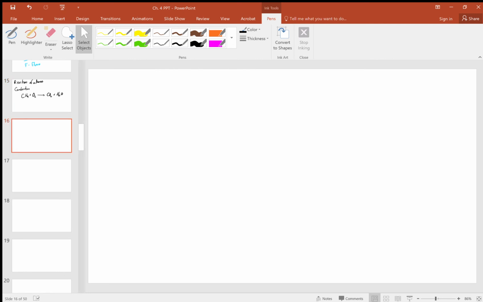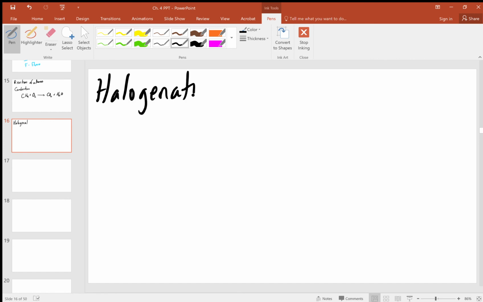The other reaction that we sometimes see with alkanes is halogenation. We'll get more into this reaction at the very end of Organic 2, where we'll talk about radical reactions, and that's what this is an example of.